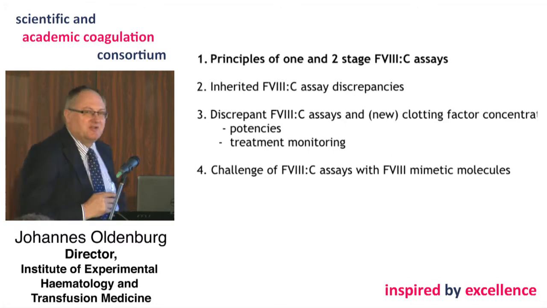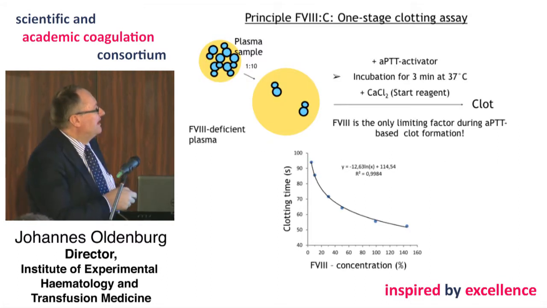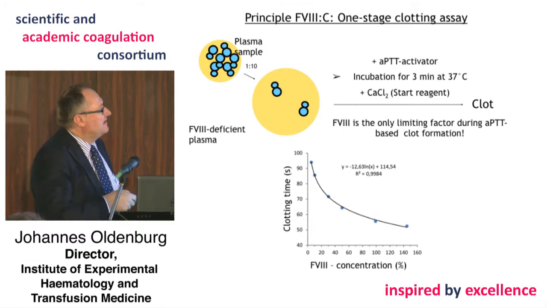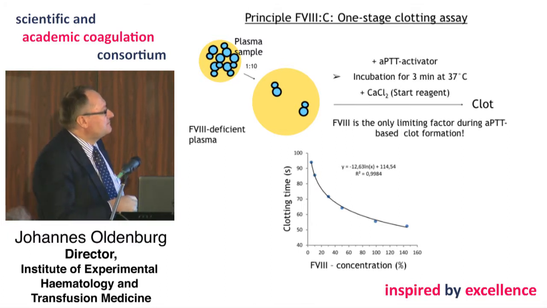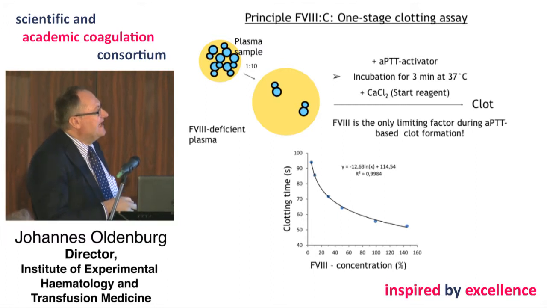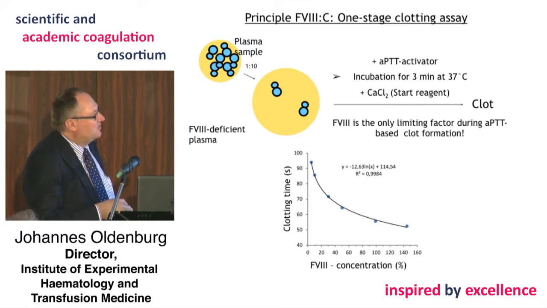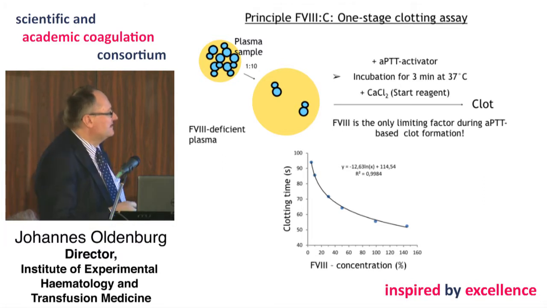This is the principle of a one-stage assay. We have a plasma sample, and this plasma sample is diluted, not too much. In this example, it's 1 to 10, but it could be also less. Then we have an APTT activator. We are incubating the sample. The clotting process is started by a starting reagent, and then for an APTT-based clot formation is assessed.